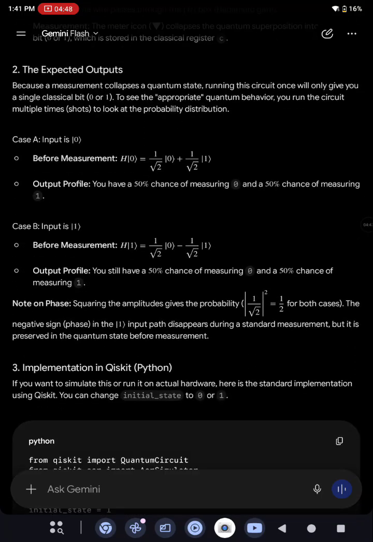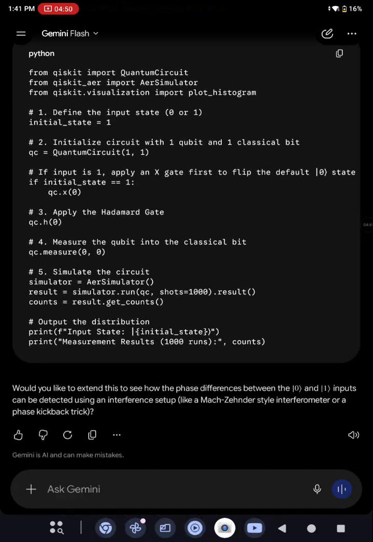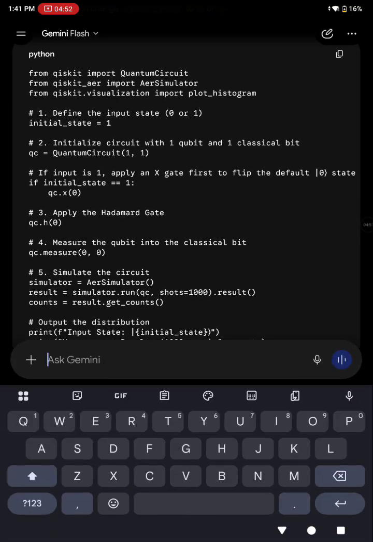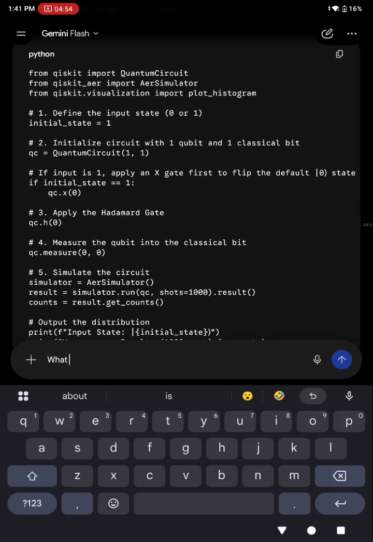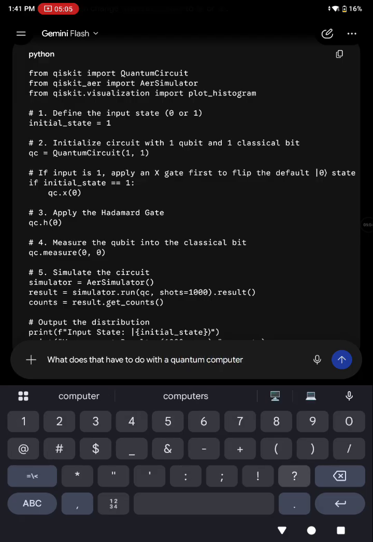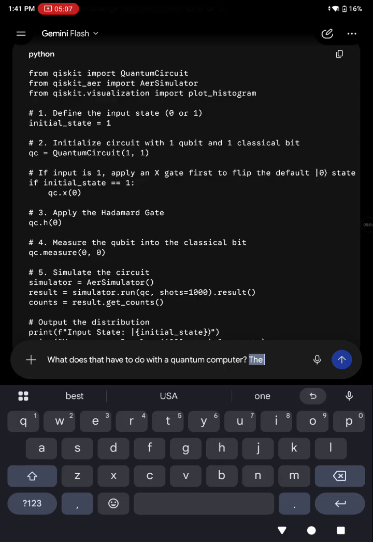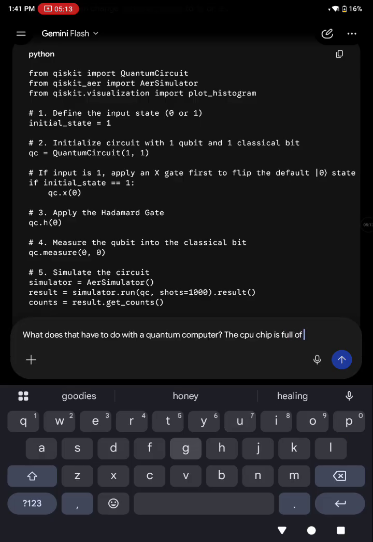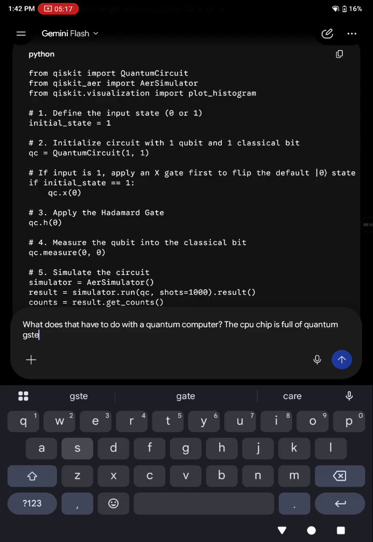Now, what does that have to do with a quantum computer? We'll make a gigantic leap real quick. What does that have to do with a quantum computer? The CPU chip is full of quantum gates.